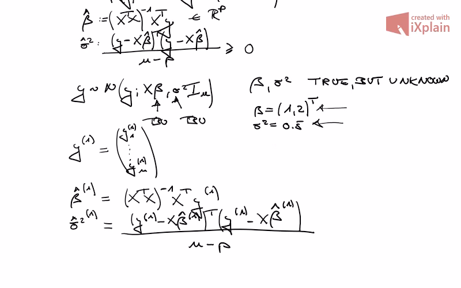A possible estimate then here, for example, would be something like 1.1 and 1.9. So roughly that, but not quite, because there's a little bit of randomness. And here, for example, would be 0.52 or something.